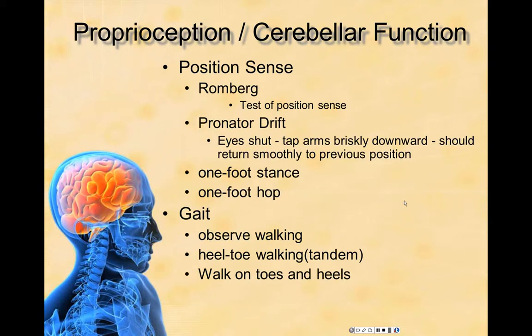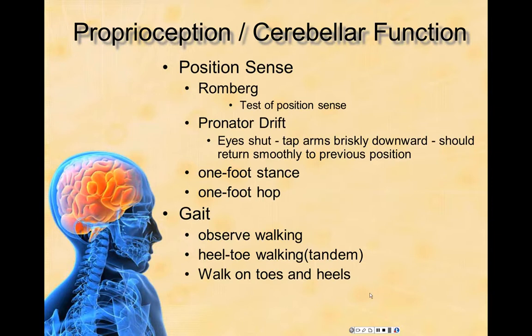That's what we call the pronator drift. Someone with a neurological deficit, when they shut their eyes and put their arms in front of them, may actually start to have a drift of one arm or another without actually knowing that that's occurring. They would not be able to go back to the previous position if you tapped them down.